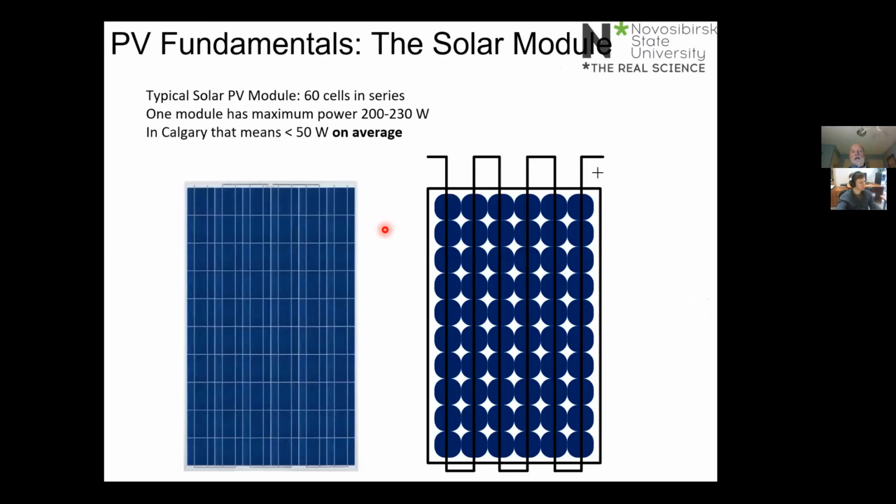The other thing to note is that in a PV module, the cells are always connected in series. You can see the dark black line that is running down through the first column of cells and then coming up through the second column of cells.